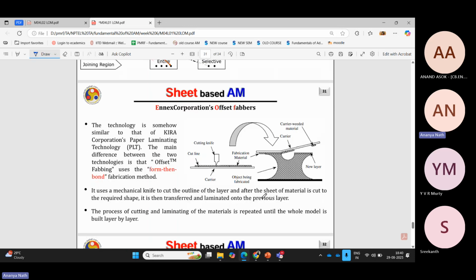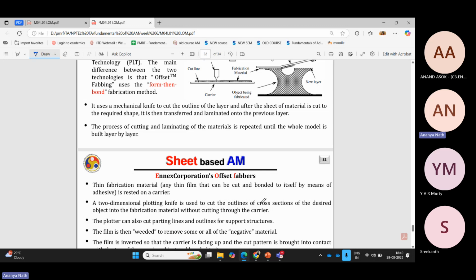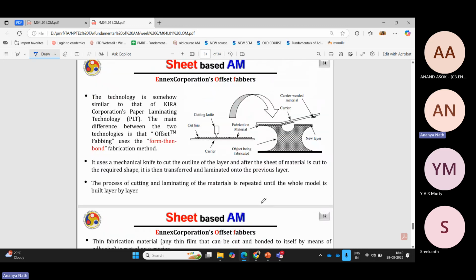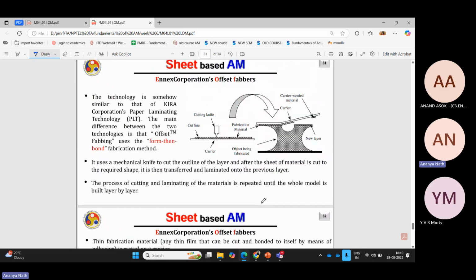Later on, you can remove the excess part from the part. This is more like the normal sheet lamination process that I showed you in the first slide, where you cut the excess portion of the paper using the knife, and then you join the two consecutive papers so that the two layers are joined properly using the adhesive.